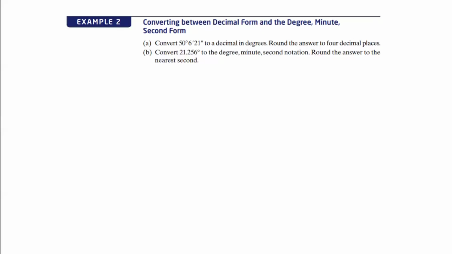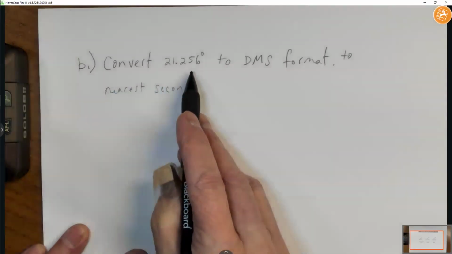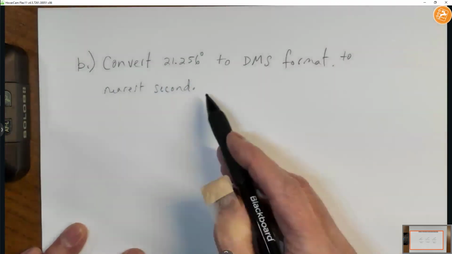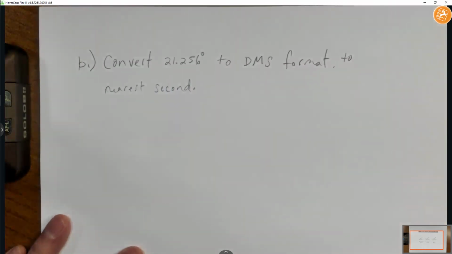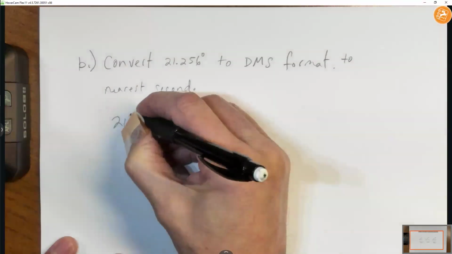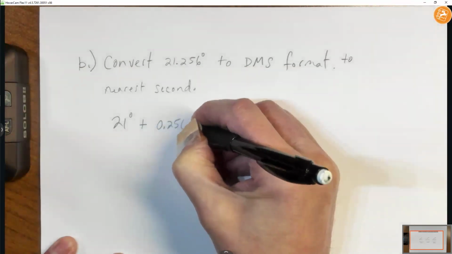All right, our next goal for part B here is to take and convert 21.256 degrees and rewrite it in degrees, minutes, seconds notation, rounded to the nearest second. Okay, so we've got 21.256 degrees. In this case, we're going to take 21 degrees plus 0.256 degrees.